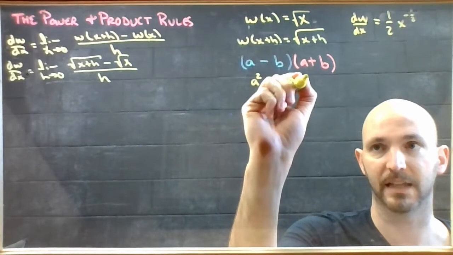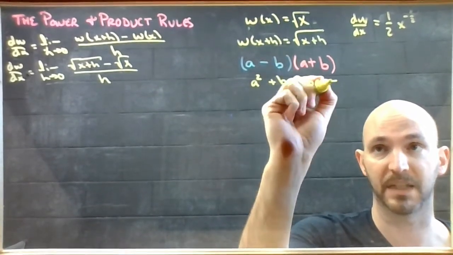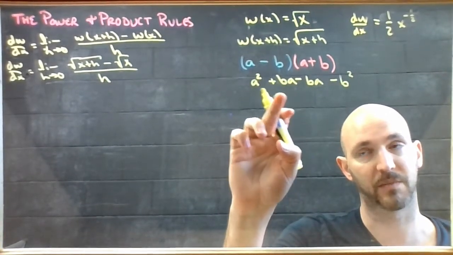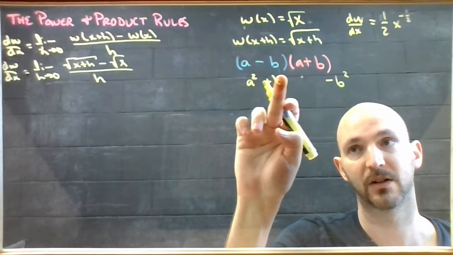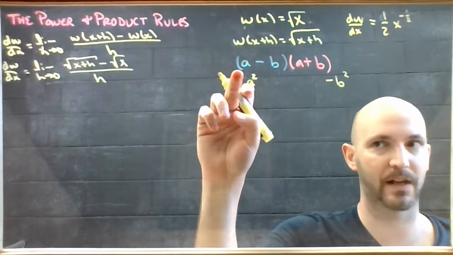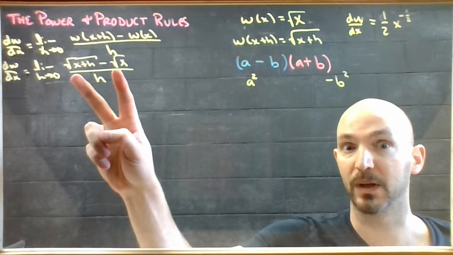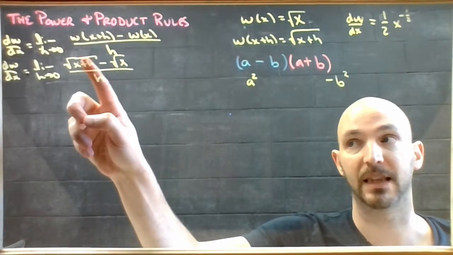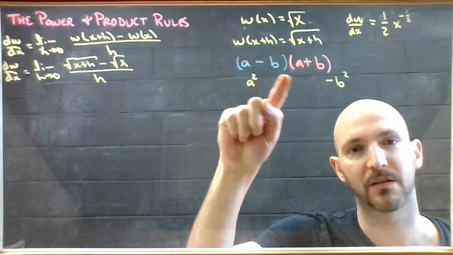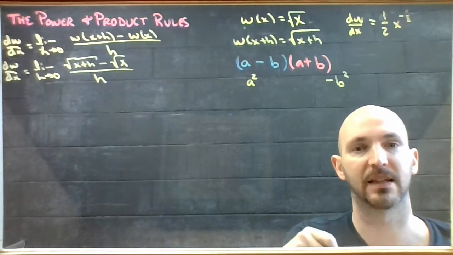B times a is ba, but this time it's negative. Negative b times b is negative b squared. Look what happens to these inner terms. Plus ba minus ba goes away, and I'm left with this thing in front squared minus this thing in back squared. Now that'd be real handy, because if I could get this thing squared and that thing squared without generating a mess in the center, I wouldn't have any radicals anymore, and I could just clean this up with normal algebra.